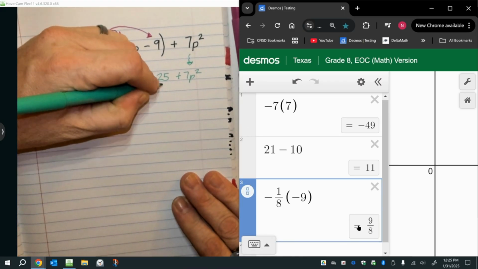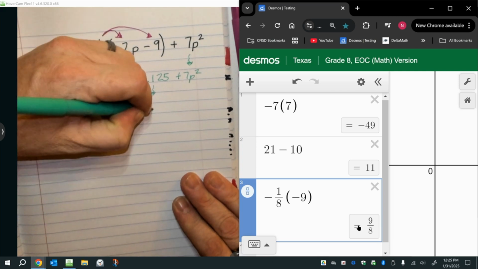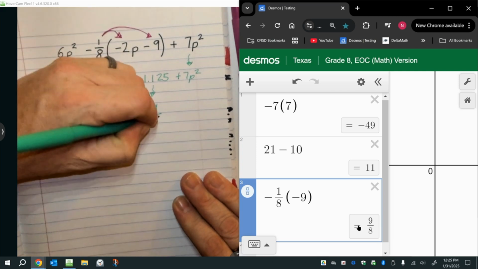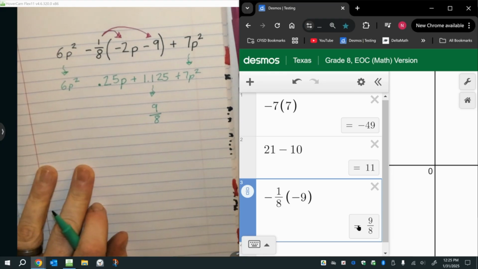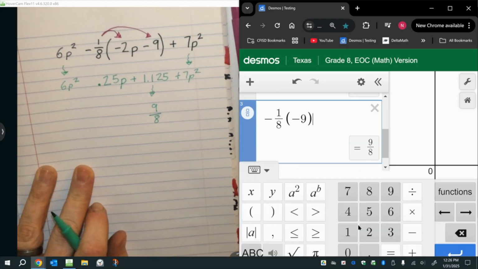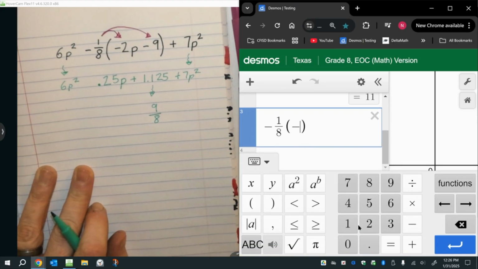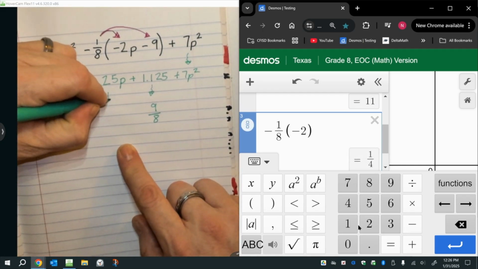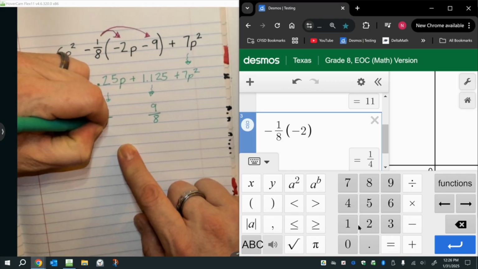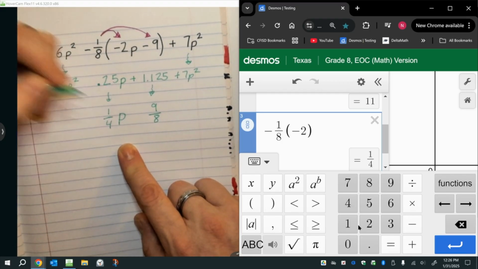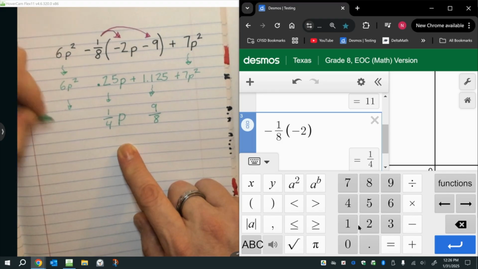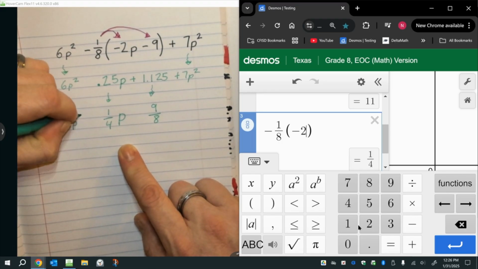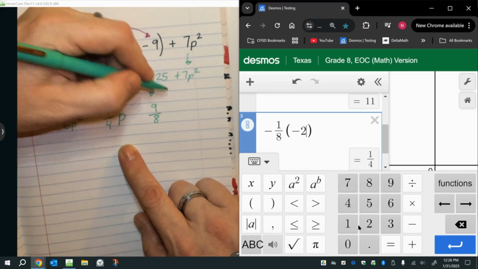So this is actually 9 over 8. And then the other one that I had, well, remember when it was a 2, so I'm going to actually change it to a 1/4. And then I'm going to bring this down again.